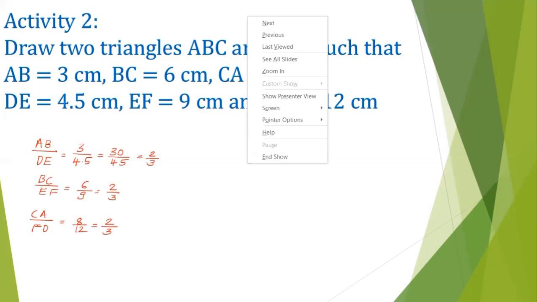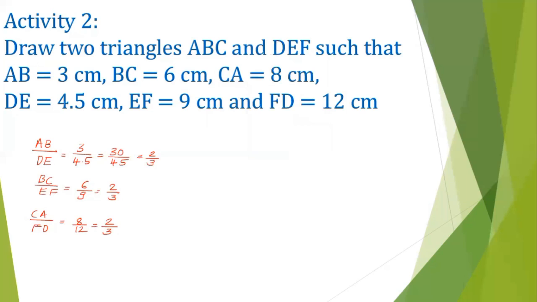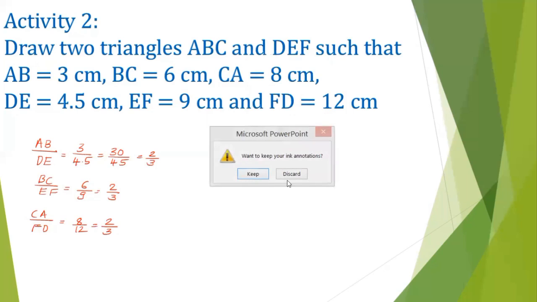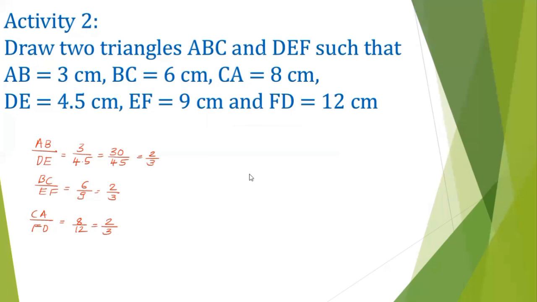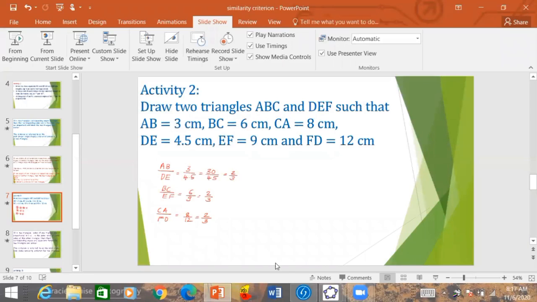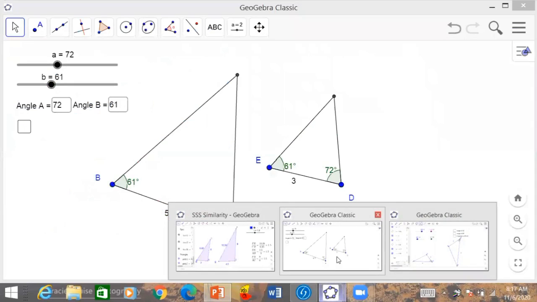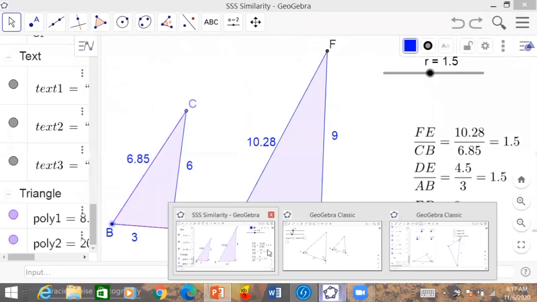Here we have constructed two triangles such that their corresponding sides are in the same ratio. You have to construct two triangles such that their corresponding sides are in the same ratio. Now let us verify this, whether their corresponding angles are equal or not.